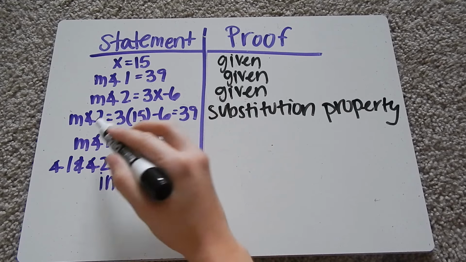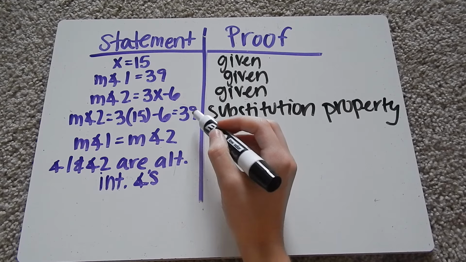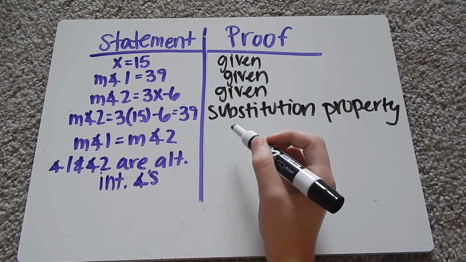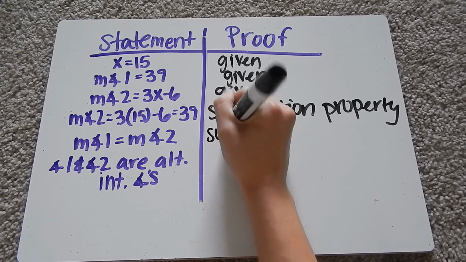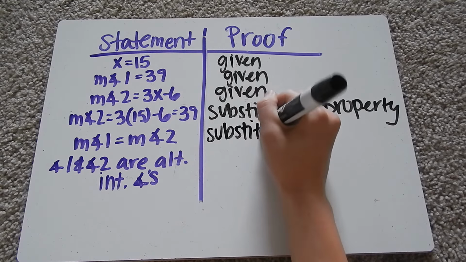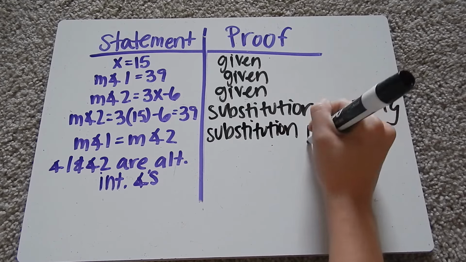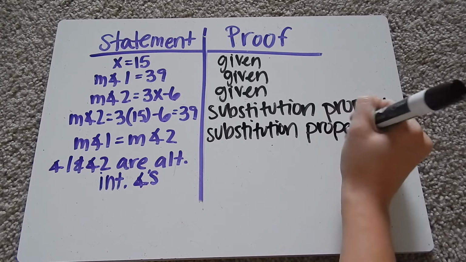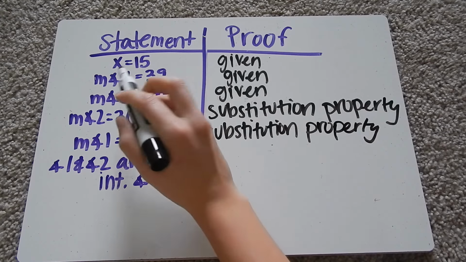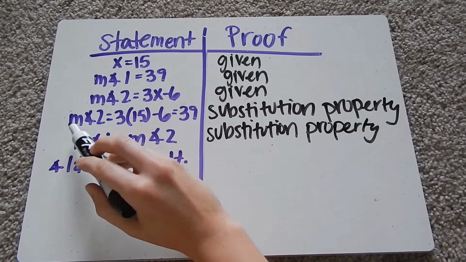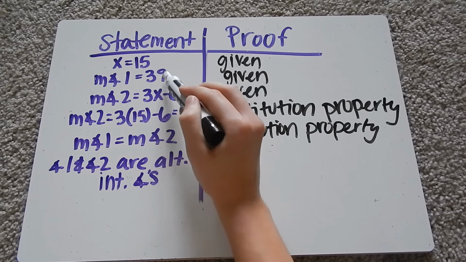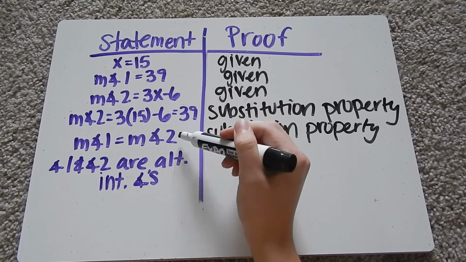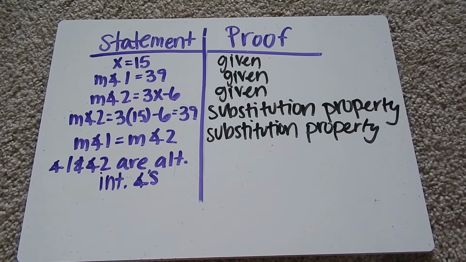Now that we know angle 2 is 39 and angle 1 is 39, we can say angle 1 and angle 2 are equal. That is also the substitution property. Because if angle 1 is 39 and angle 2 is 39, where it says 39, I can put angle 2 in there and they are equal. That's substitution.